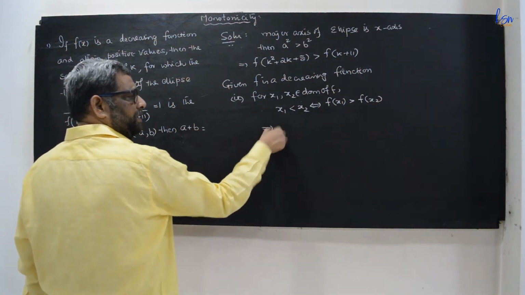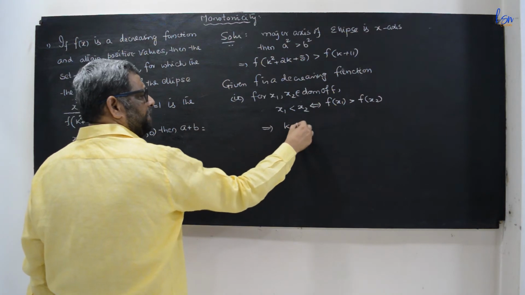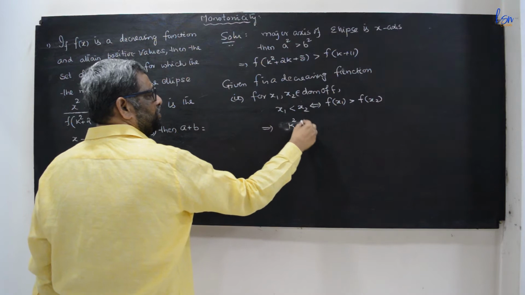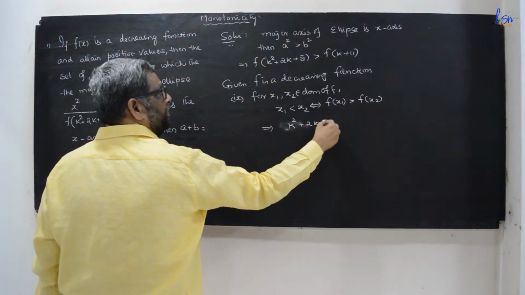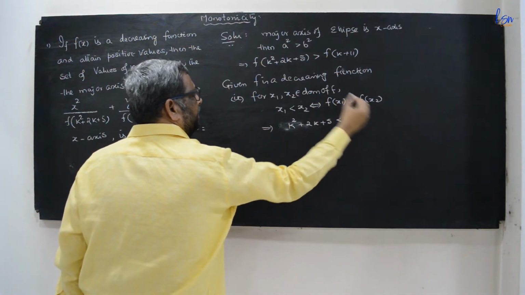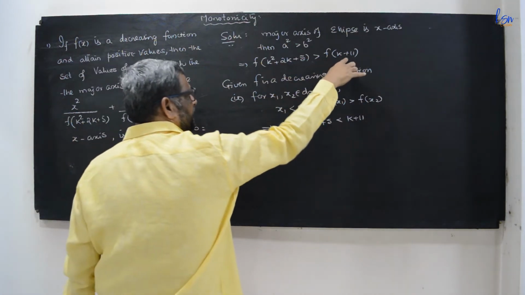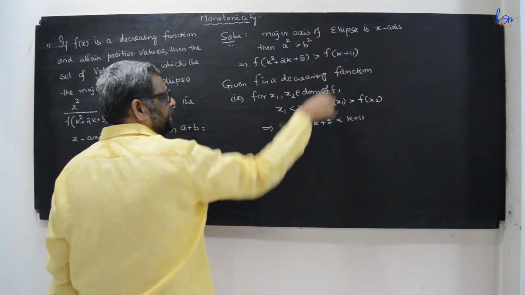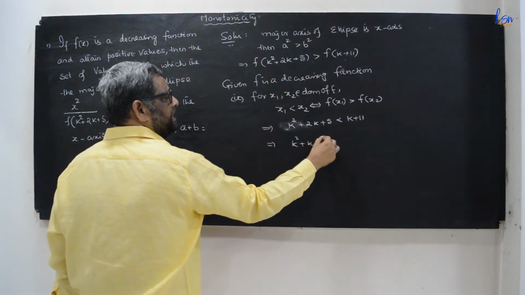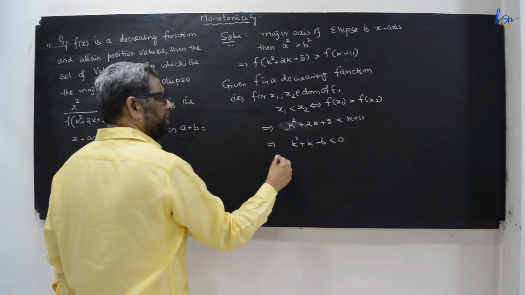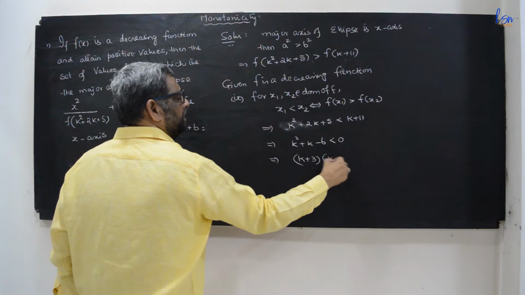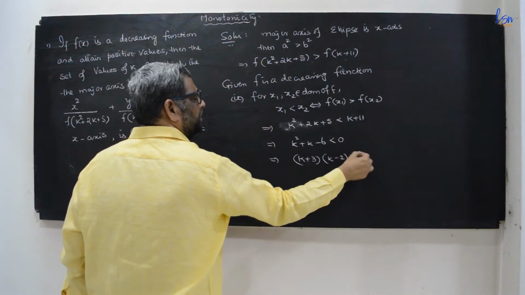By the condition, we can say that k² + 2k + 5 < k + 11. So k² + k - 6 < 0, which implies (k + 3)(k - 2) < 0.